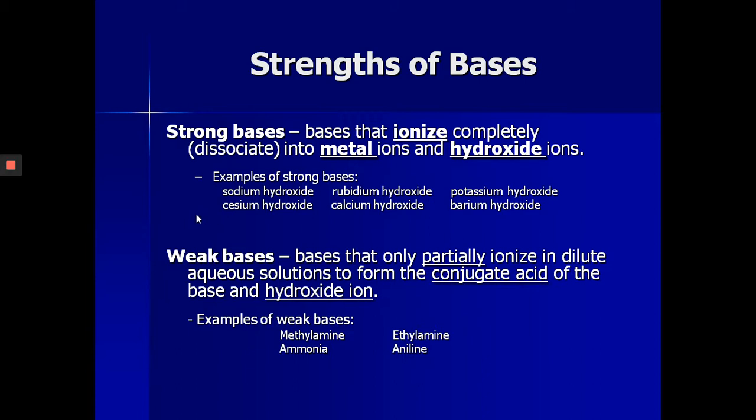Just like weak acids, weak bases only partially ionize, so they only produce a small concentration of hydroxide ion, and they also produce something called a conjugate acid. I'm going to come back to this later.